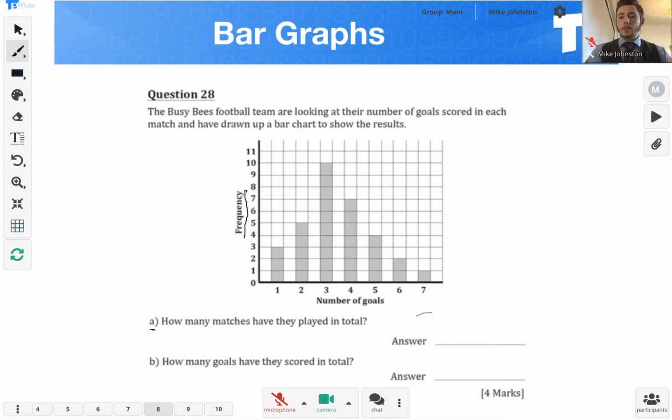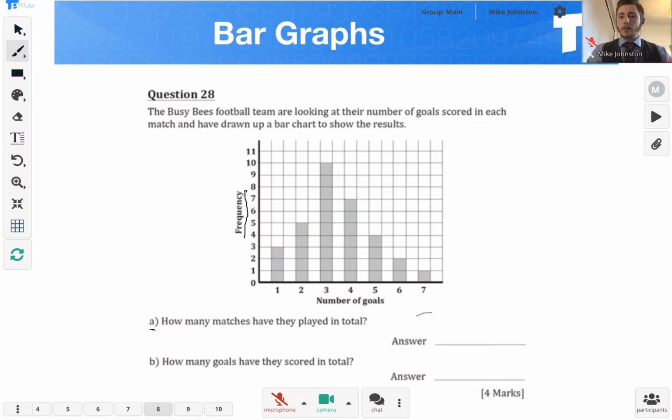So if we just look at this bar at the moment, they're saying 1 goal was scored in 3 matches, 2 goals were scored in 5 matches, 3 goals were scored in 10 matches, and so on. So if we add up all the frequencies here, we'll find out how many matches they must have played in total.